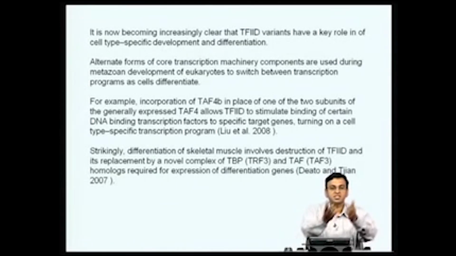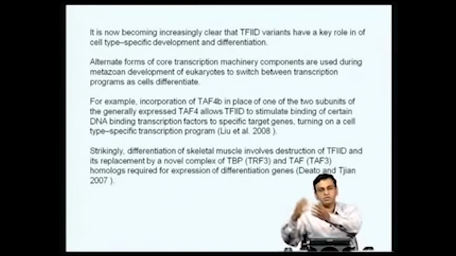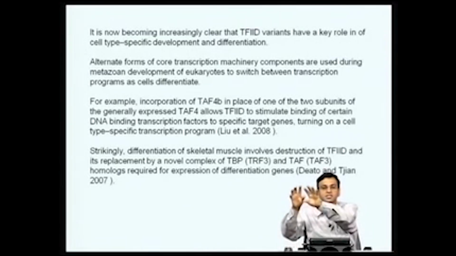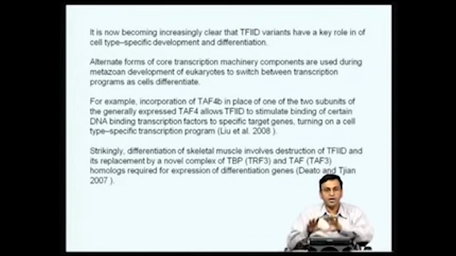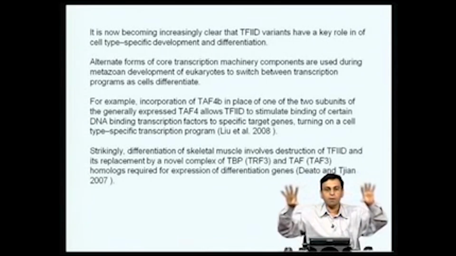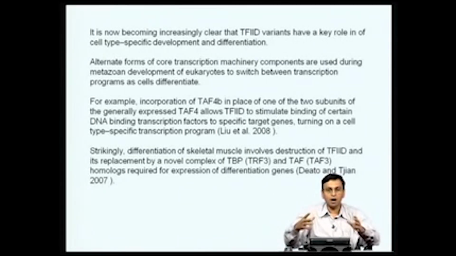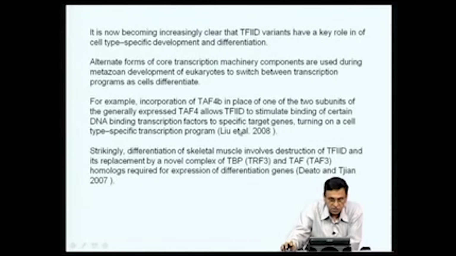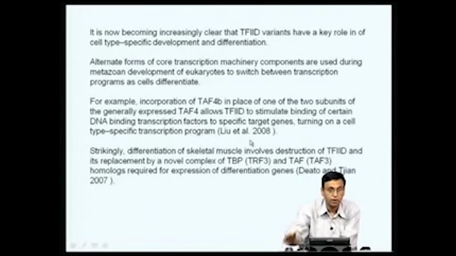By simply expressing TRF1 or TRF2 or specific forms of TAFs, certain subsets of genes can be activated or inhibited in different tissues and different cell types. So, differential gene expression can be brought about by differential expression of different general transcription factors, especially TAF and TBP variants. So, incorporation of TAF4B in the place of one or two subunits of TAF4 allows TFIID to stimulate binding of certain DNA binding transcription factors to specific target genes, turning on a cell type specific transcription program.